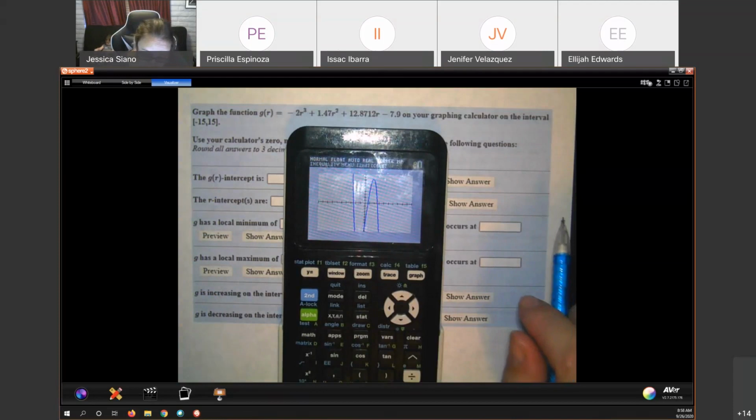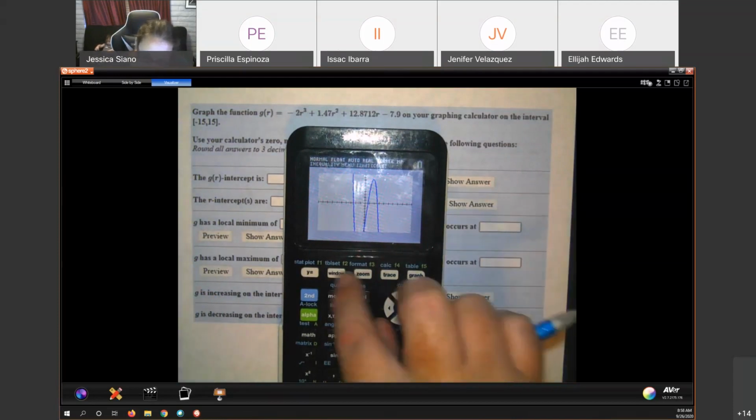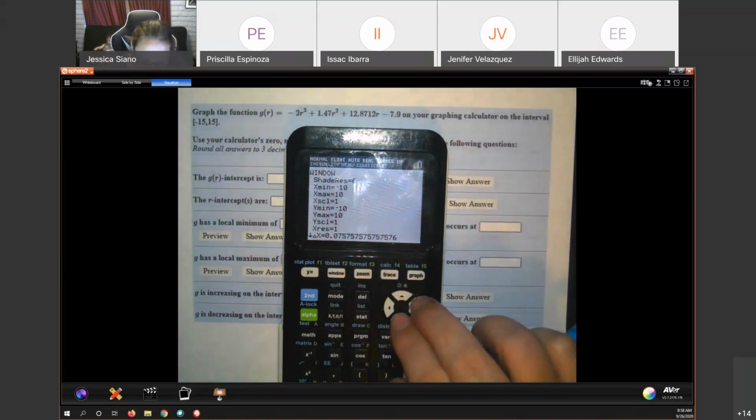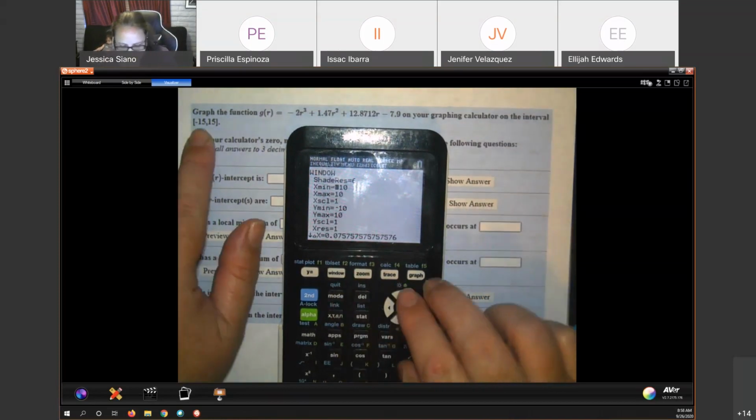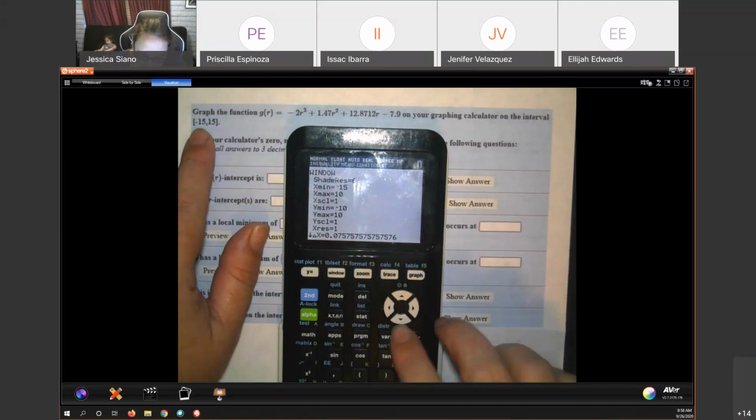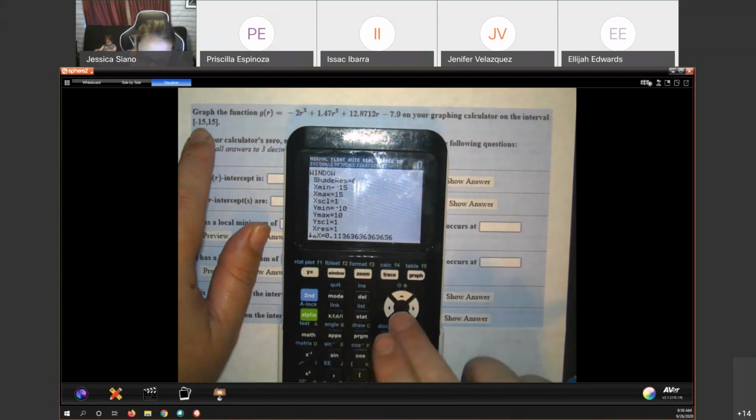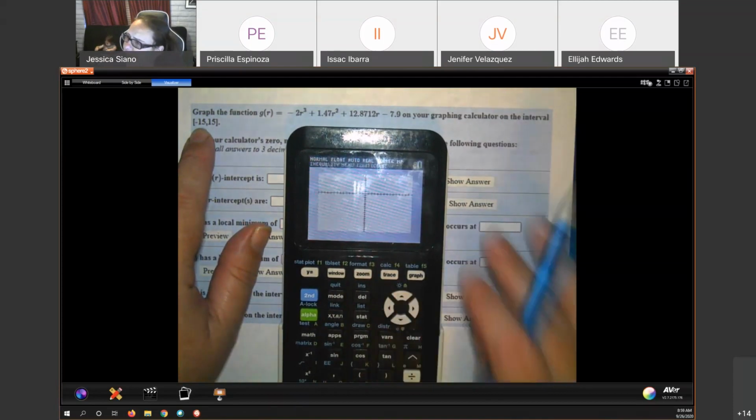It's actually not a bad window. I know they suggest negative 15 to 15, but I think that we were okay at negative 10 and 10. And the y max of 10 seemed good, but it looked like it went a little bit off on the bottom.